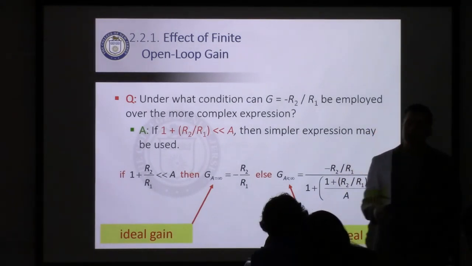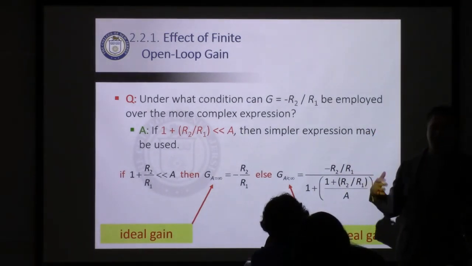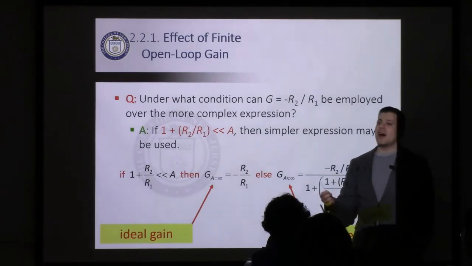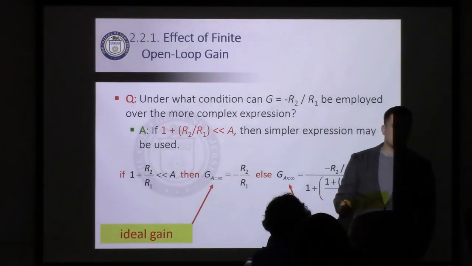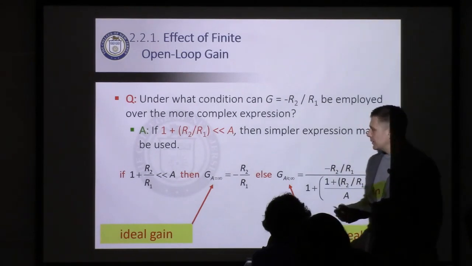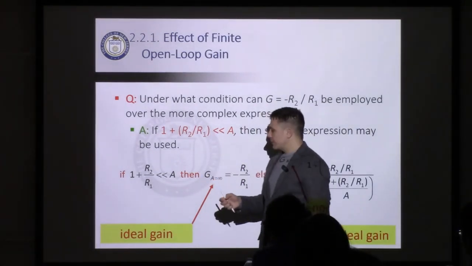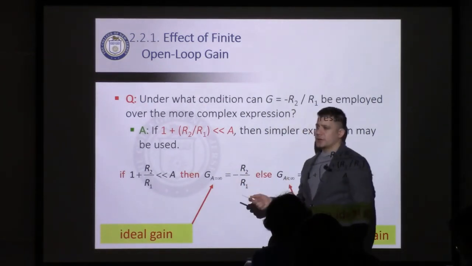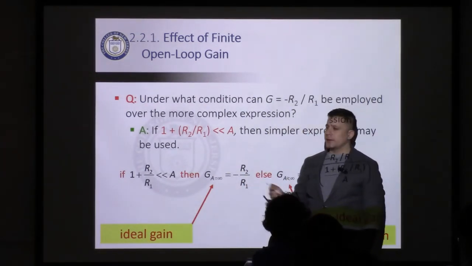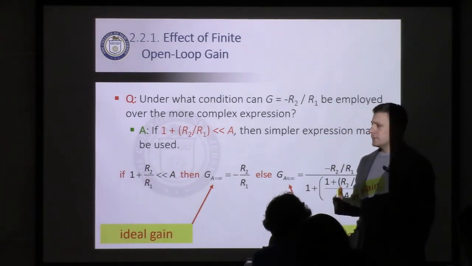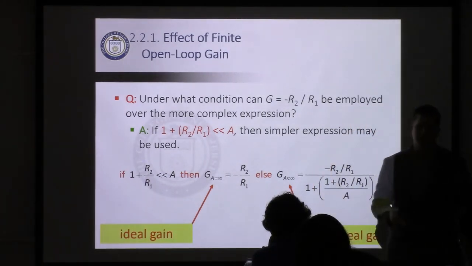The book seems to lean more to just use a 10 times difference, 1 order of magnitude. But again, it's a soft boundary anyway, because the closer these two get together, the less accurate this expression is going to be. It's not like there's some hard boundary where it becomes wrong to use the ideal expression.